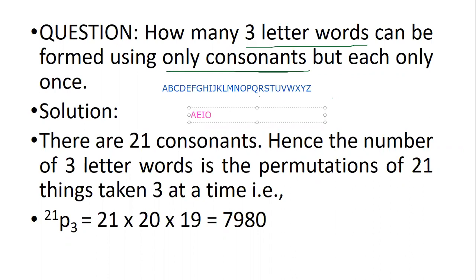Good. A, E, I, O, U. So out of 26 alphabets, 5 are vowels. So how much is remaining? 21. So I have 21 consonants.